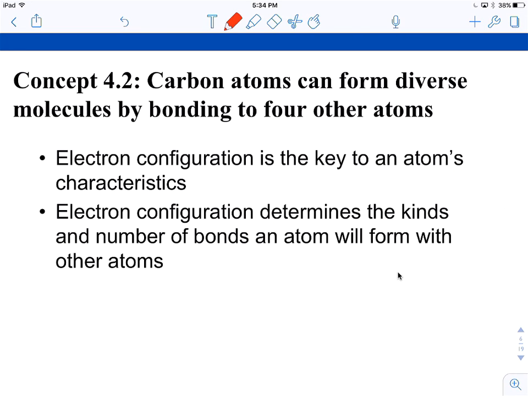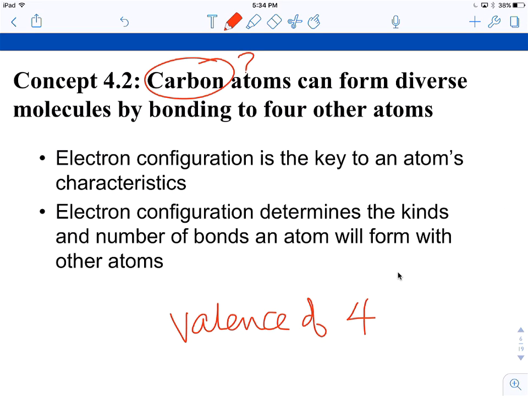Let's learn why carbon is so awesome. And it's so awesome because, chemistry, it has a valence of 4. So its electron configuration is the key to an atom's characteristics. Electron configuration determines the kind and number of bonds an atom will form with other atoms.